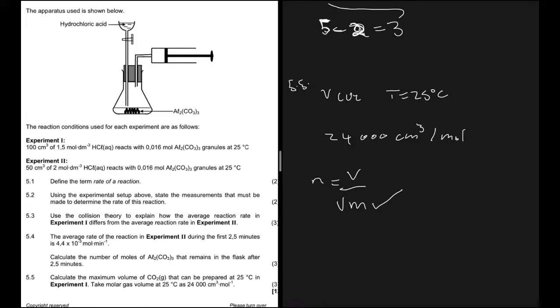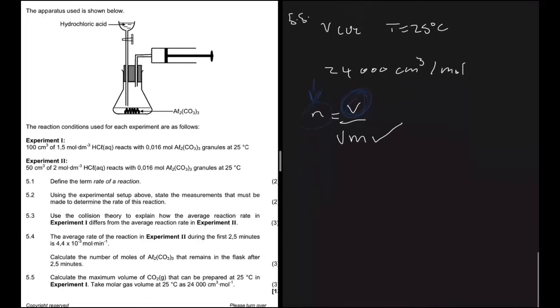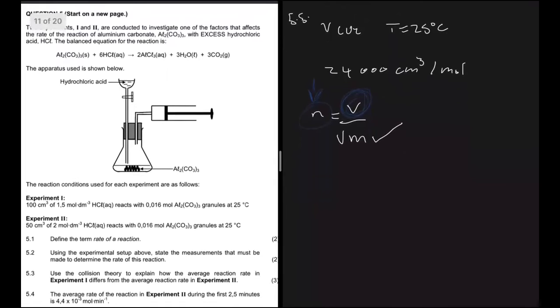The question says let's find the maximum volume, so this is what we're interested in. What we don't have is the number of moles. If we determine the number of moles, we can use this formula to calculate the maximum volume of CO2 that can be prepared for experiment 1. To find the number of moles, we can use the equation.